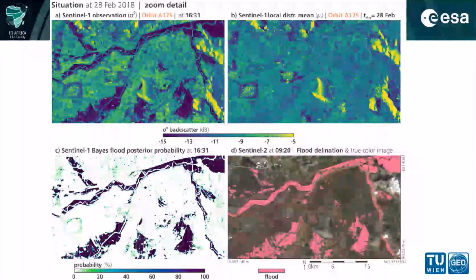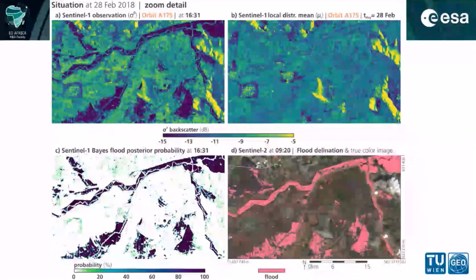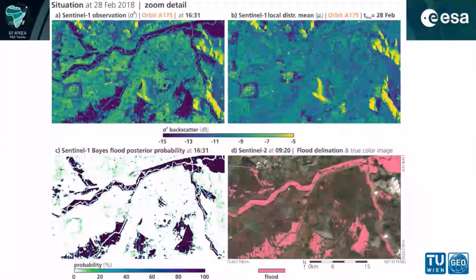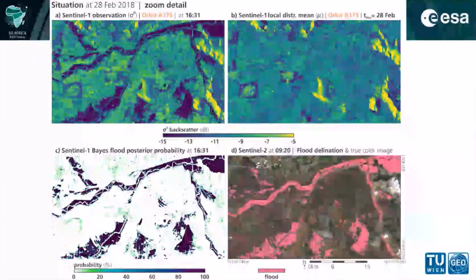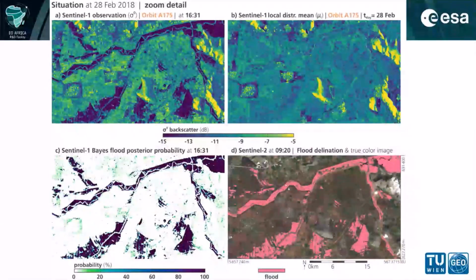Obviously, where the differences in backscatter between the real image and the expected image are very high, these areas are likely to be flooded. This is also then our estimate based on the spatial approach for the flood posterior probability. In this case, this probability derived from Sentinel-1 very nicely matches with a flood delineation achieved with Sentinel-2.